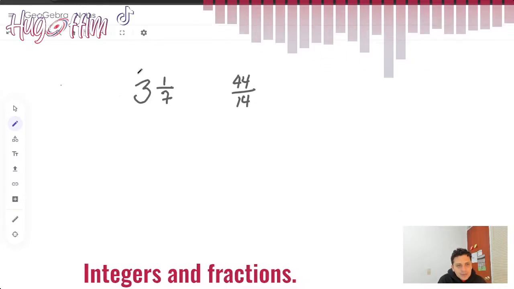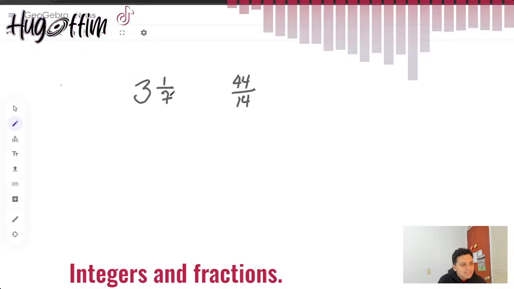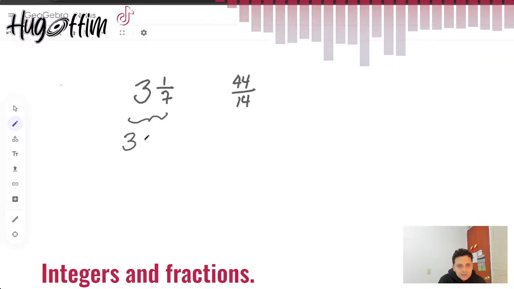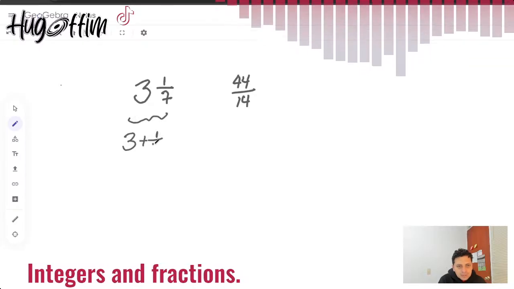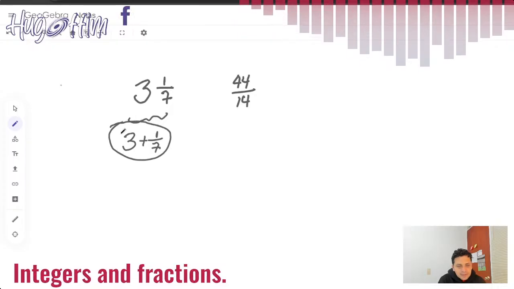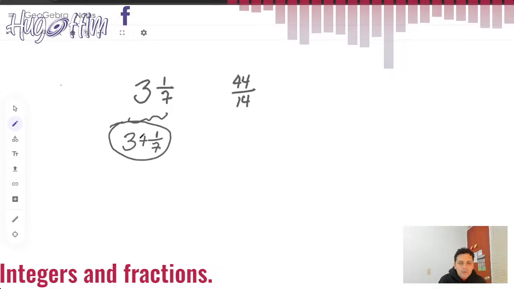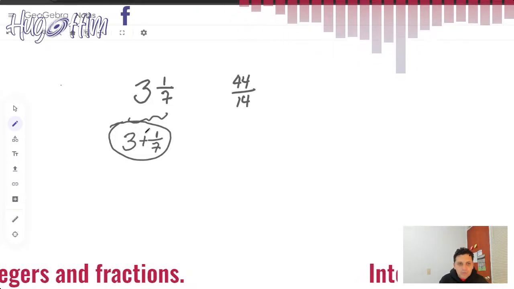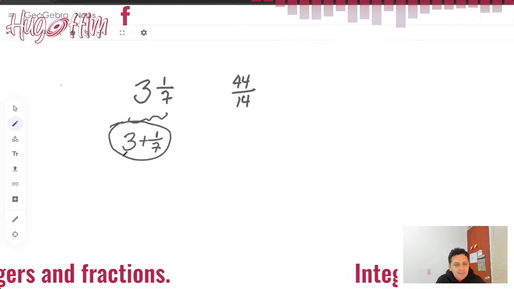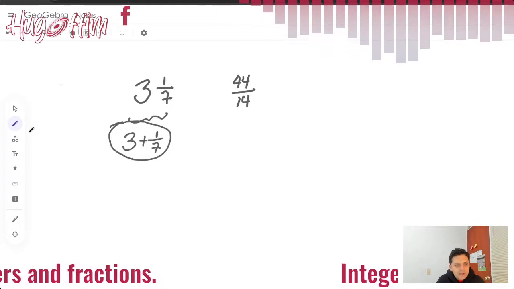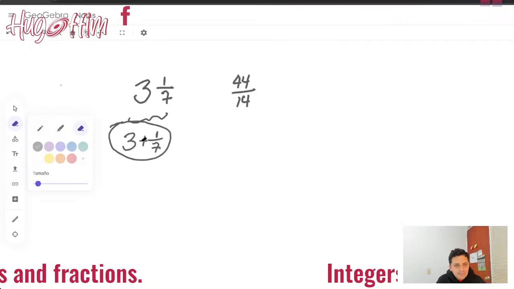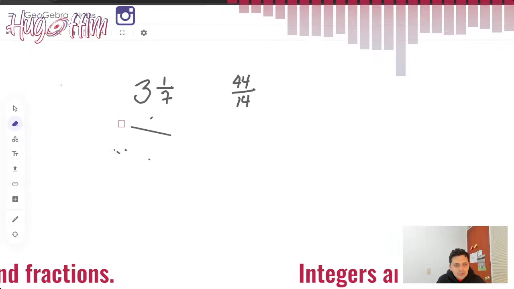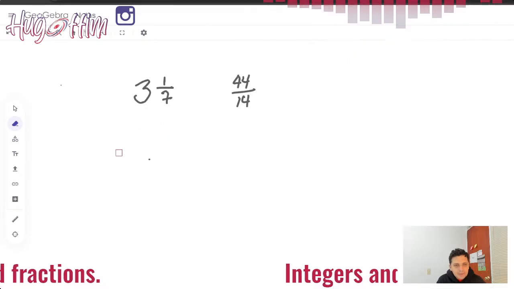Just remember that when you use mixed notation, 3 and 1/7 is a shorter way to represent 3 plus 1/7, okay? This is very important to keep in your mind. It's important that you always keep in mind that 3 and 1/7 is just talking about 3 plus 1/7. This is the first thing that you need to verify and remember when you have mixed numbers.